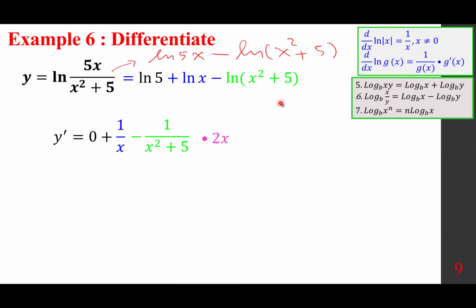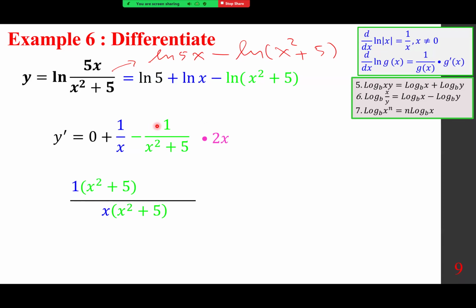All right, so now how do we finish that? We take a common denominator of x times x squared plus 5. And to take a common denominator, this is 1 times x squared plus 5. And this is minus 2x times x.